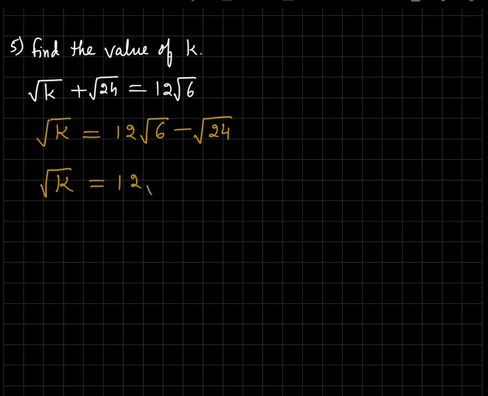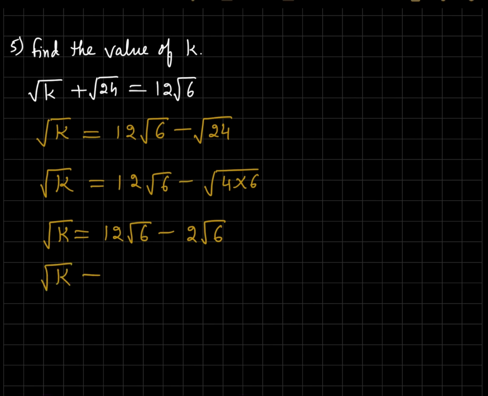I will write this as a square root of 6 and split this. So 4 times 6 is 24. So I can say square root of k is 12 square root of 6 minus square root of 4, which is 2 square root of 6. So square root of k is 12 minus 2, which is 10 square root of 6.